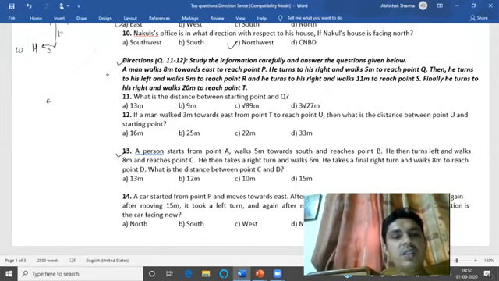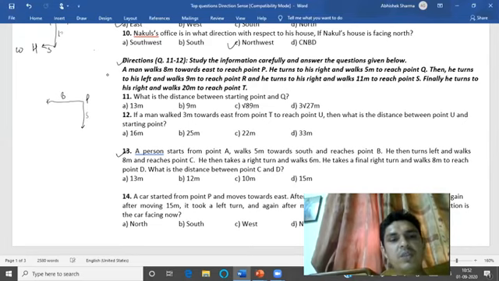He goes 8 meters toward east to reach point P. He turns to his right and walks 5 meters to reach point Q. So this can be the situation, and he has reached Q. Then he turns to his left and walks 9 meters to reach point R.